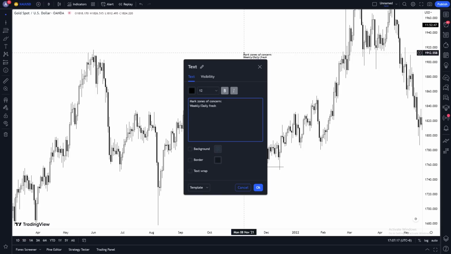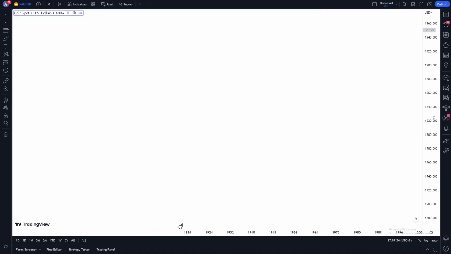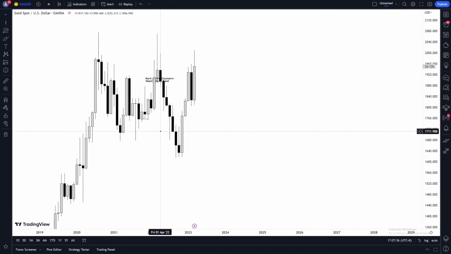Of course, if there's a monthly close by, mark that down, because that's probably going to be a key level, and who knows, maybe there's a weekly underneath that. That is definitely a key level. Mark your zones of concern beforehand. So let's go and do that. Okay, first step, right? Let's go and do that. Mark our zones of concern.